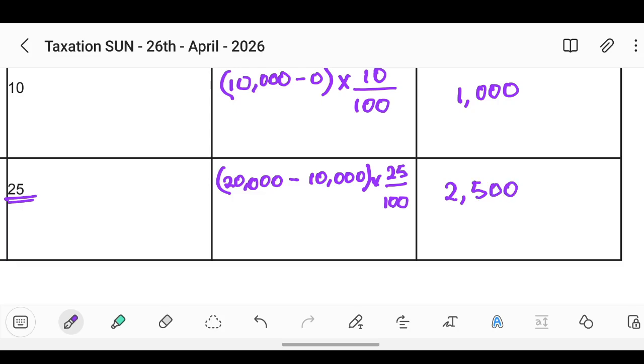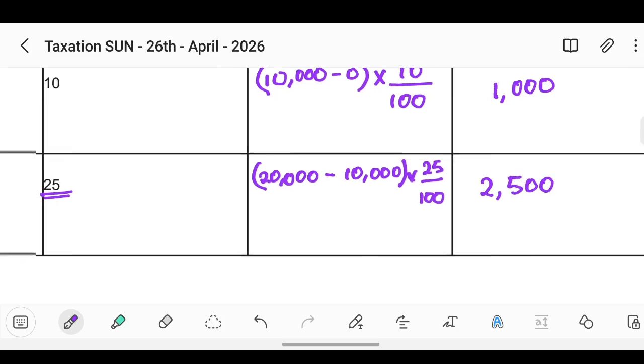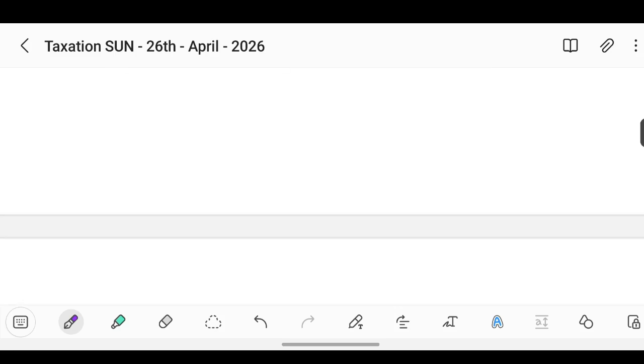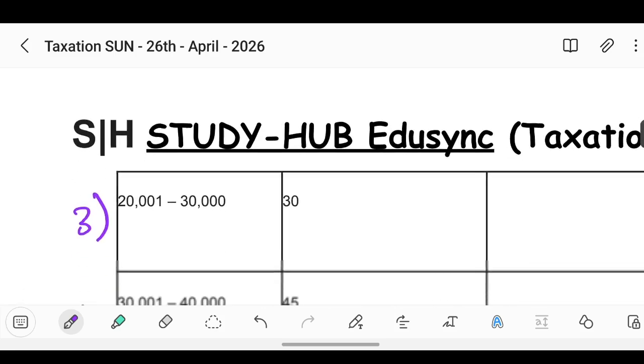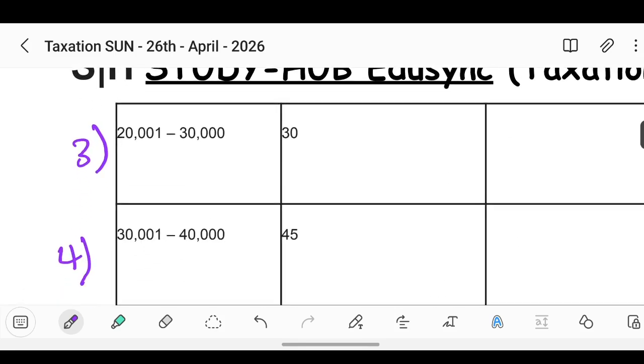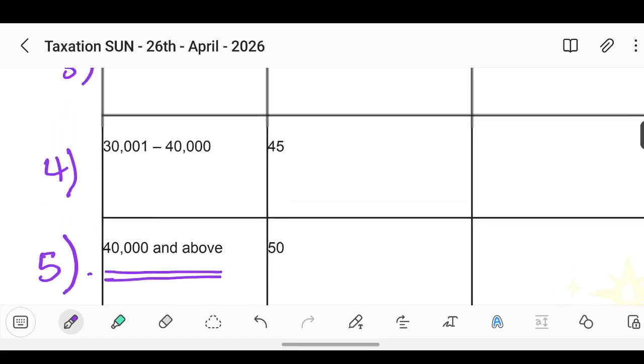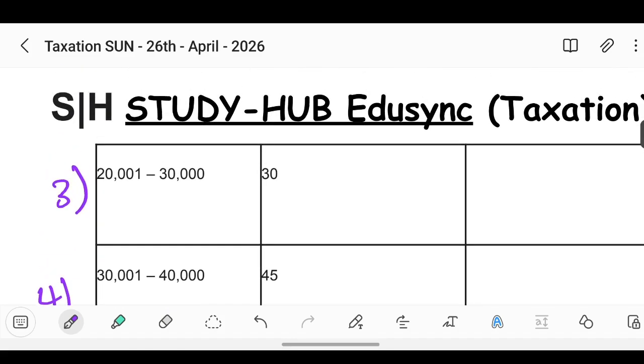Go to the next row. We are going to do this until the fifth row. So the third row is going to be 30 minus the 20.